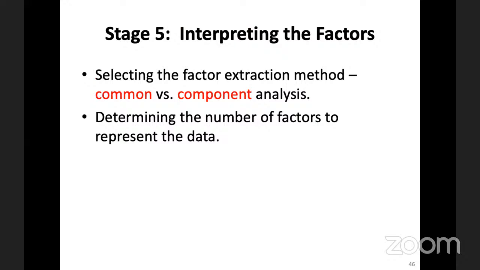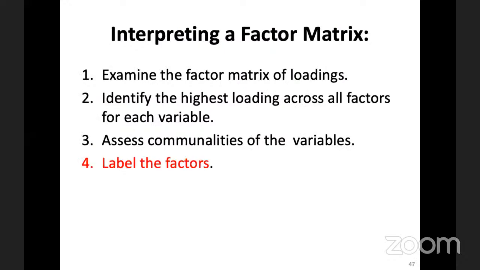So factor extraction, as we said, when you are using component analysis, orthogonal is preferred and common, then oblique is preferred. Each loading of the factors is examined, and wherever there is the highest loading, that is taken for a particular factor.